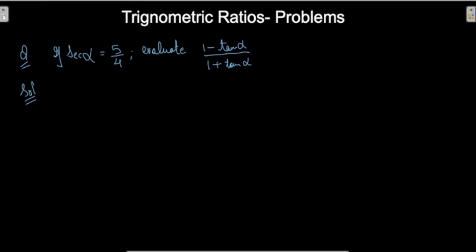Now, there are multiple ways wherein you can start this question. One is that, from secant of alpha, you can convert into cos of alpha, and then put the ratio of sides from there, or you can pick up the inverse ratios from the right triangle and evaluate and then find the sides.